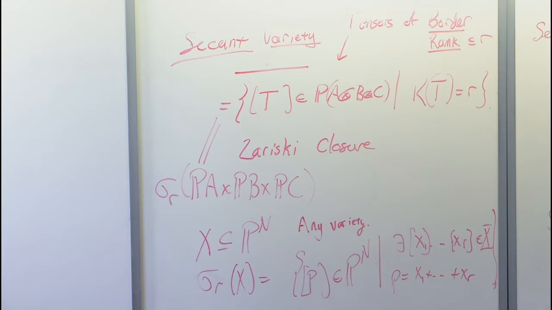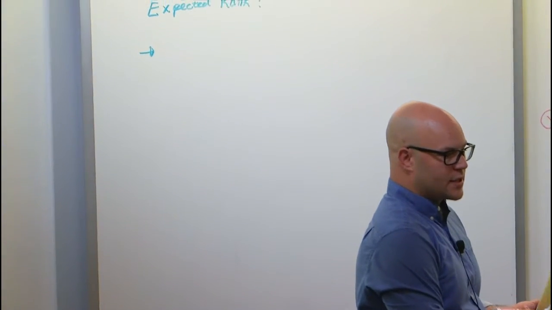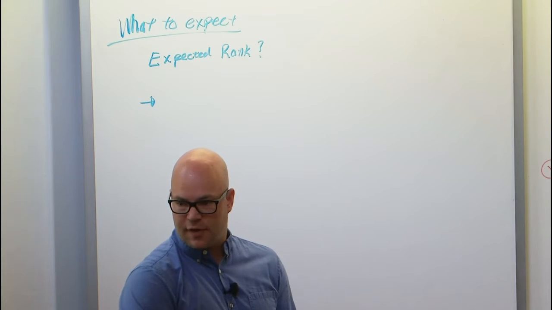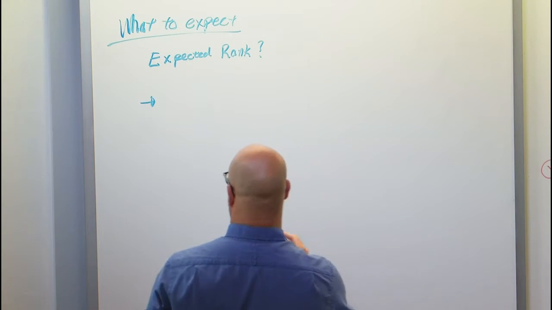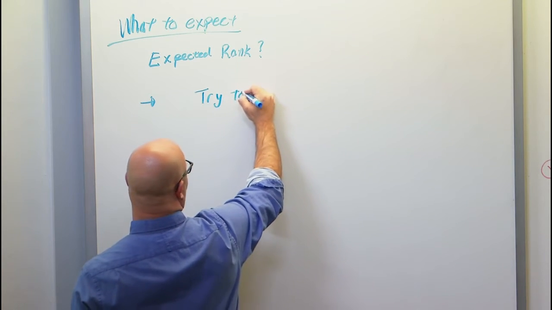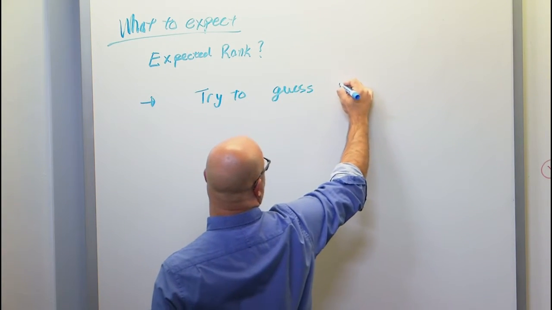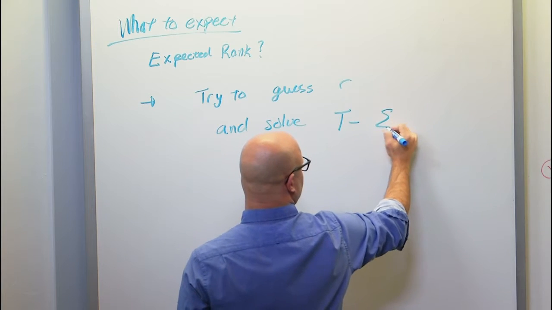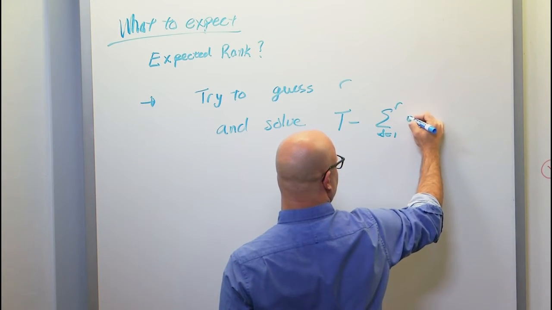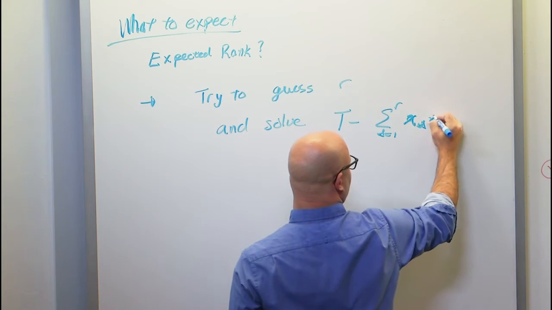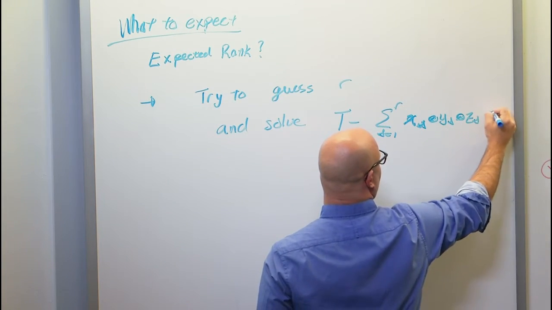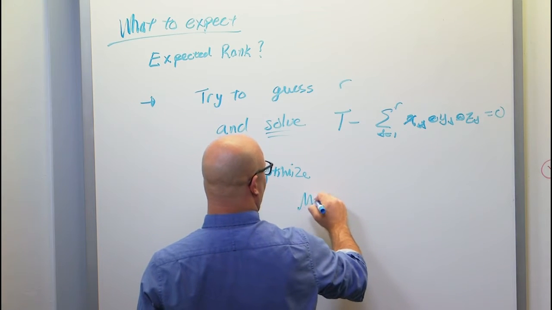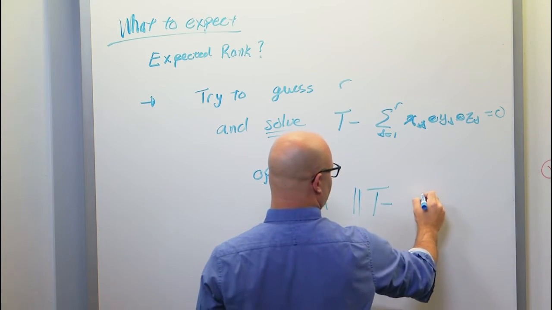And why do we want to do this? Because the most naive way to solve the tensor decomposition problem is to guess a rank R and then try to solve an optimization problem defined by the tensor decomposition equation, or maybe optimize for some of your favorite norm.